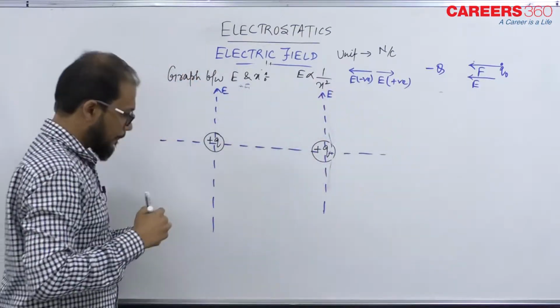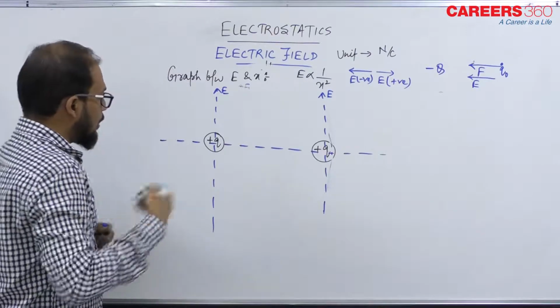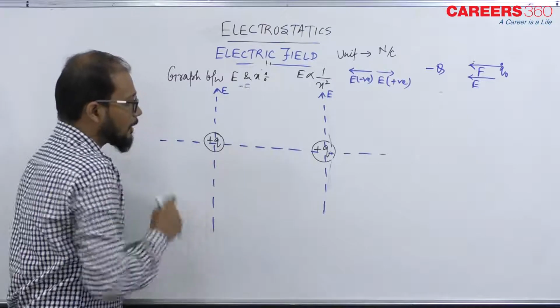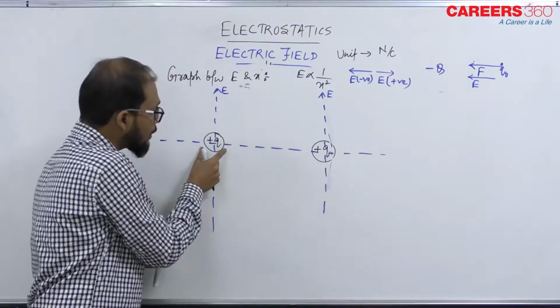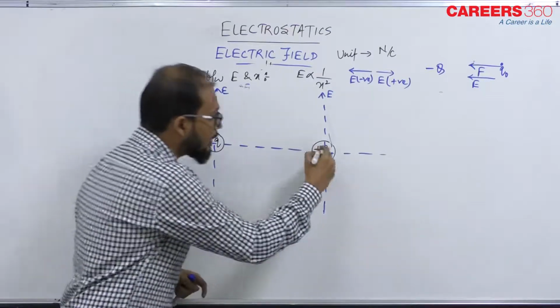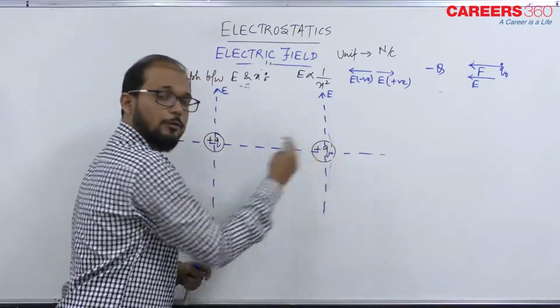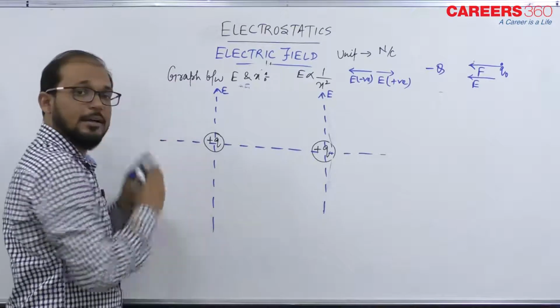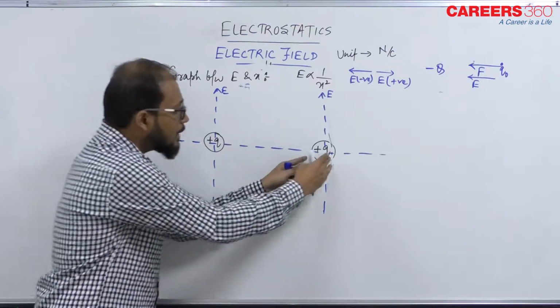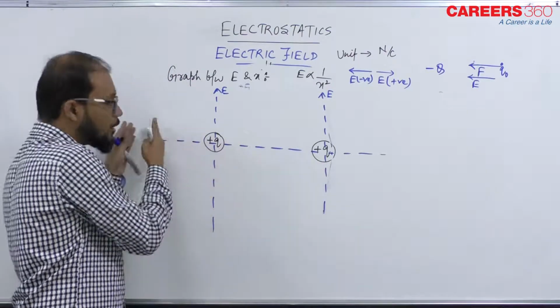Now here, towards the left side of this plus q, the other charge will have some effect, but it will not have any effect on this side of plus q, because these are both equal charges. If this charge was something like 2q, 3q or 4q, then it would have some effect on this side. But here, this charge is equal to this charge in magnitude. That means this charge will not have any effect on this side of plus q.